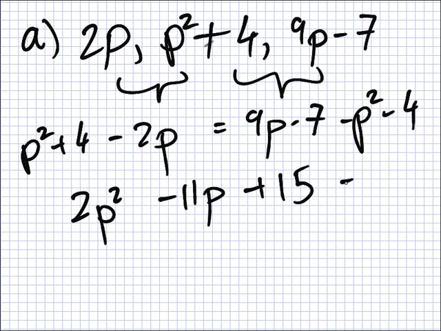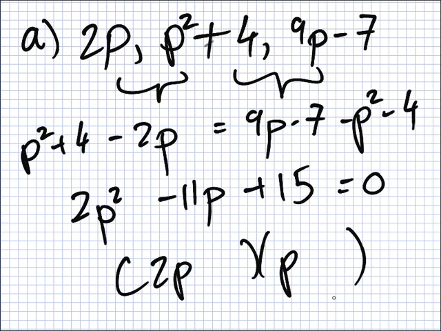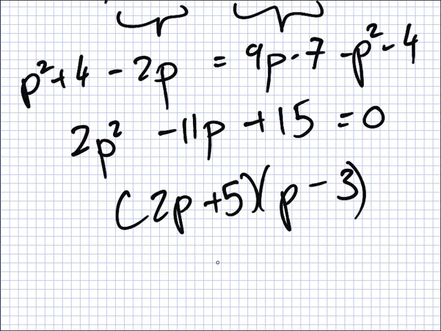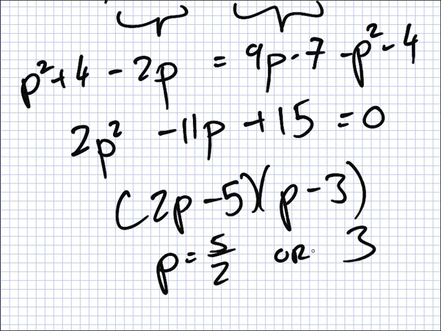Okay. 2p, what's it? 5 and 3? 5 here, 3 here. Minus, isn't it? So p is 5 over 2 or 3.